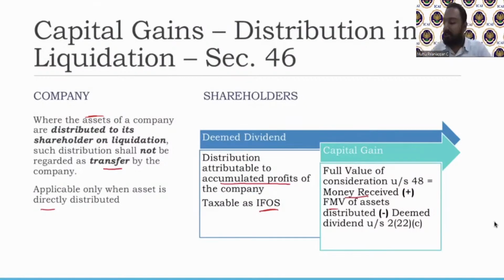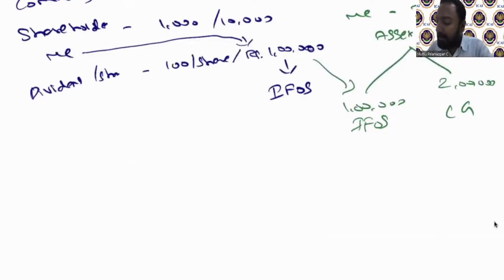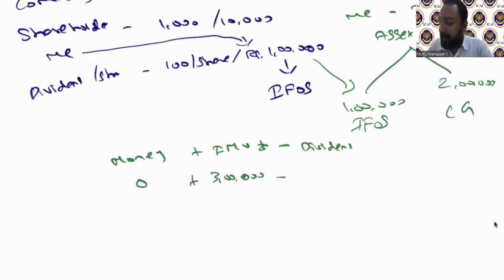In our example, money received is 0, the fair market value of the asset is 3 lakhs, and the deemed dividend is 1 lakh. So 3 lakhs minus 1 lakh, that is 2 lakhs, will be my sale consideration.